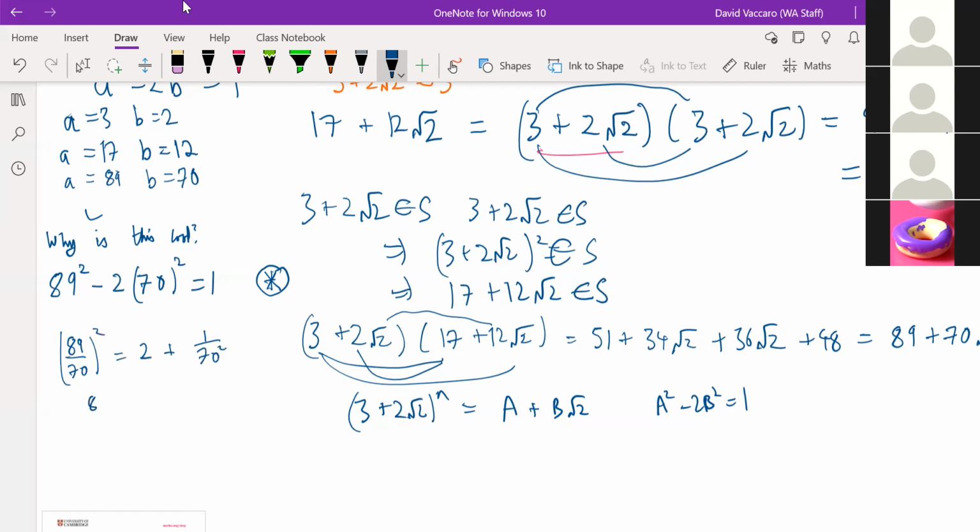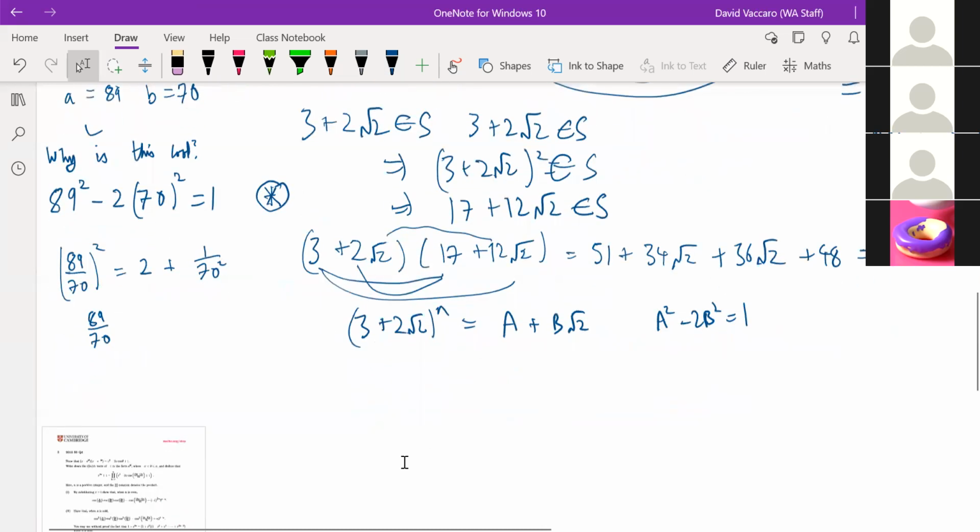So what can you tell me about the number 89 over 70 to a very good approximation? So 70 squared is a big, big number. So this is going to be 2 plus 1 over 70 squared, what is it, like 1 in 5,000? It's going to be very close to 2.